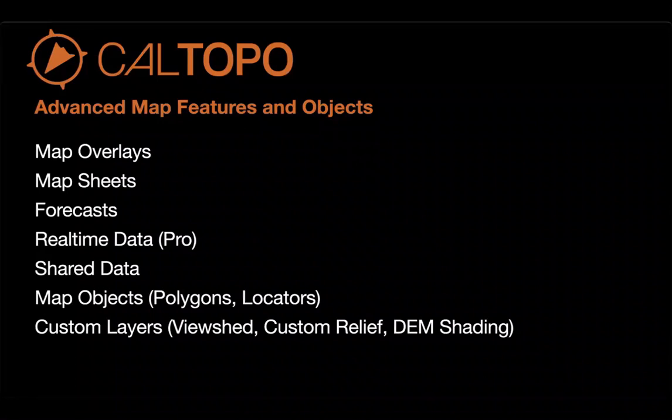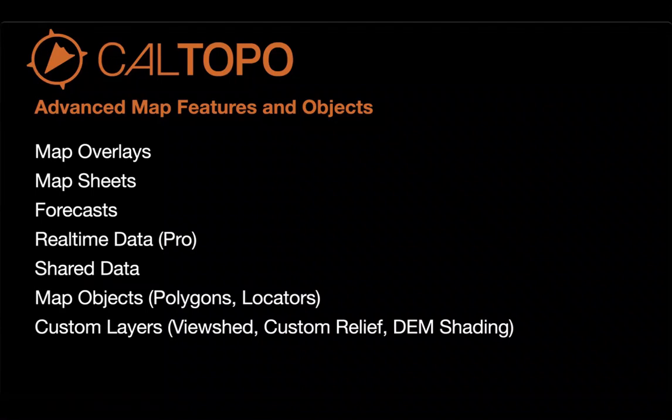And then we'll look at shared data, which is where, like I said, CalTopo is not really a social mapping website, but this is where you will find where other people, and you also, sometimes I click on something and I realize, oh, that was my map that was shared publicly. You know, if you have a free account, anything that you save by default is public, and you'll see that it's not very obvious.